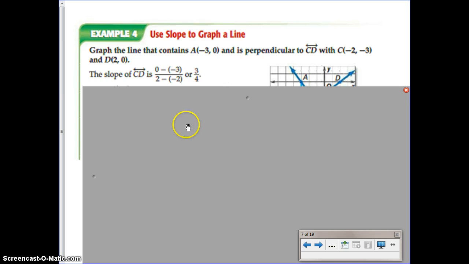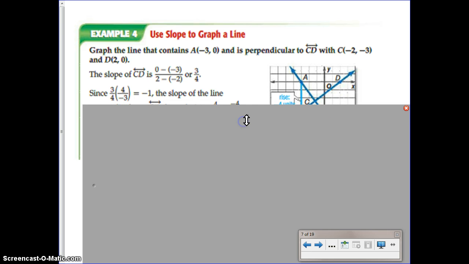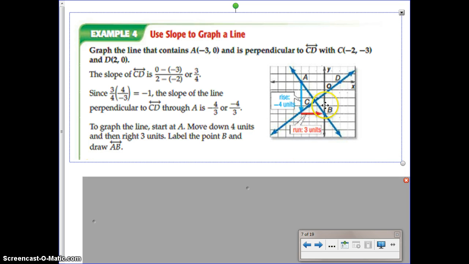You know the process, practice it, see if you can also get 3/4. And if we want to graph something that's perpendicular to 3/4, we would find the opposite reciprocal of 3/4, which is -4 over 3.